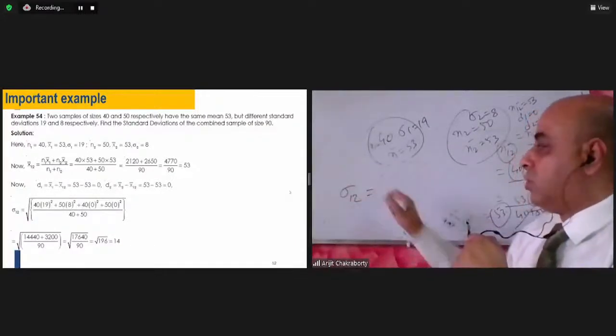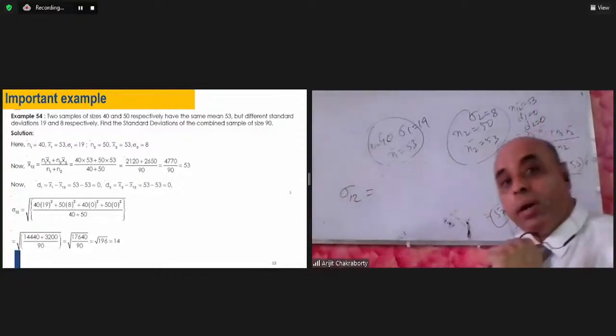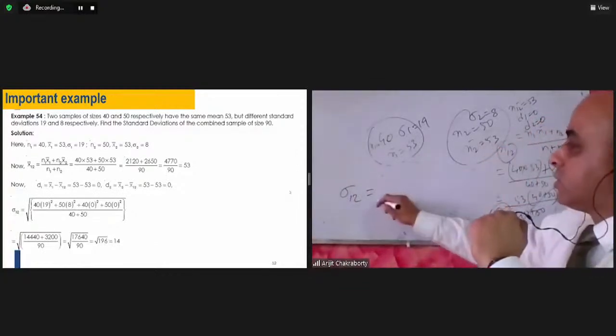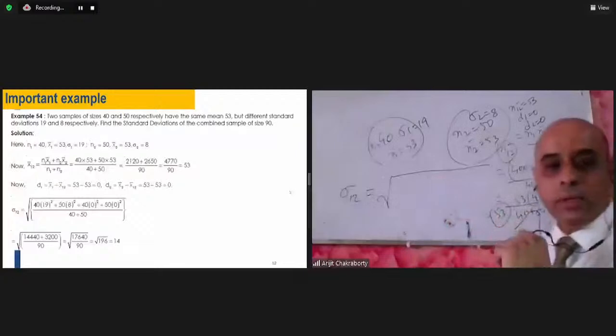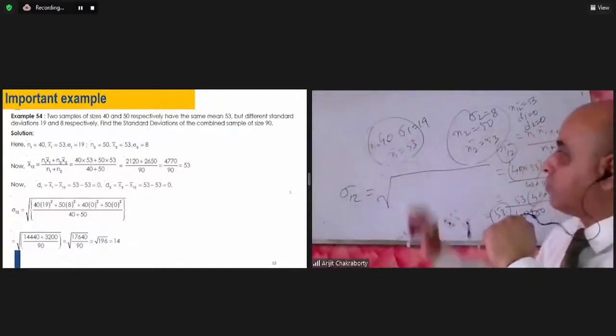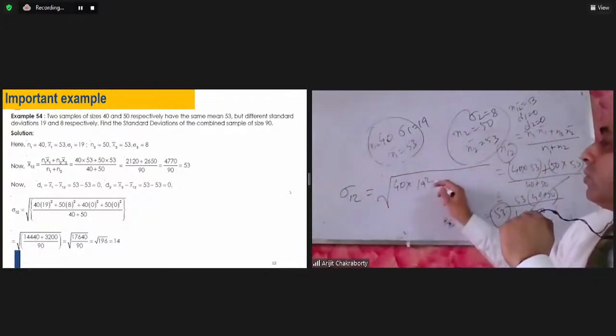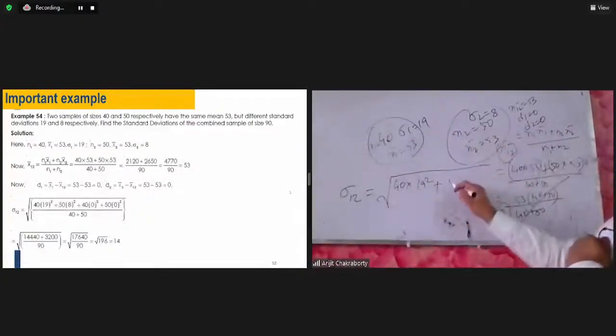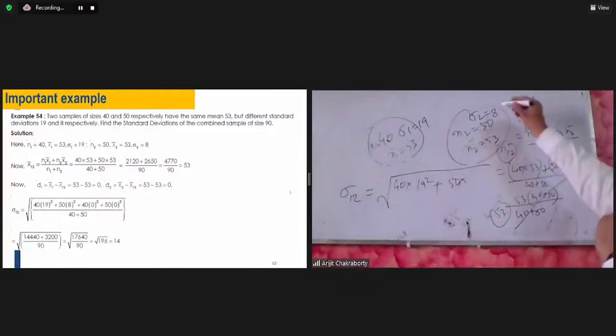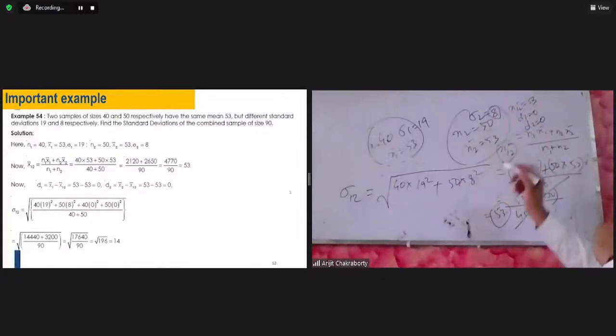Sigma 1,2, that is the combined standard deviation. So this is equal to n1 sigma 1 square. So n1 is 40 into sigma 1 square, 19 square, plus n2, that is 50 into sigma 2 square. Sigma 2 is 8, so 8 square.